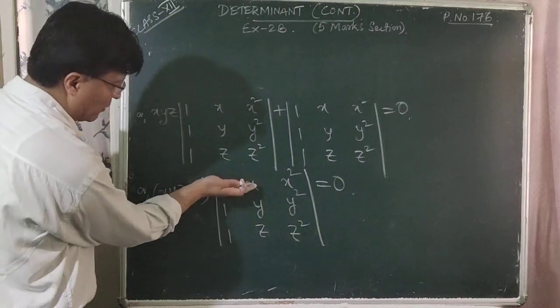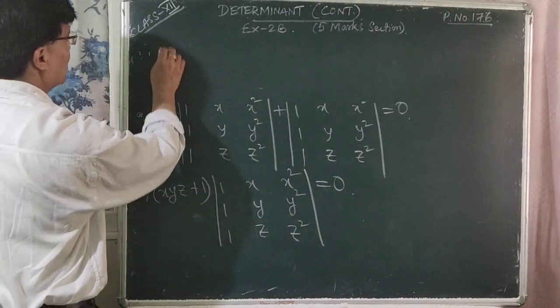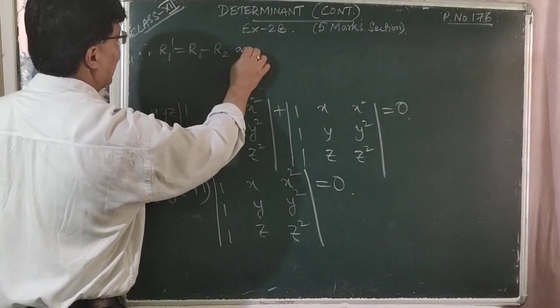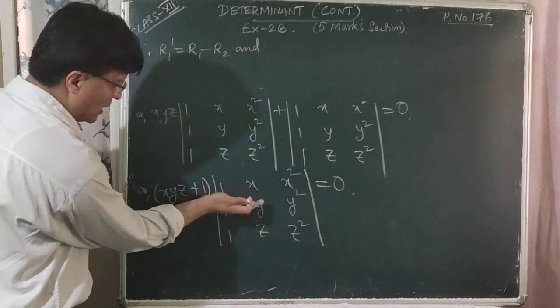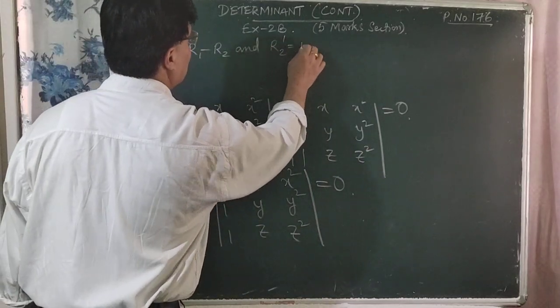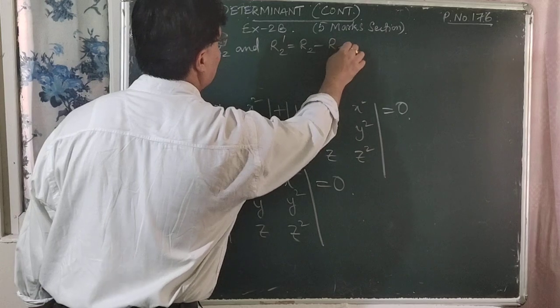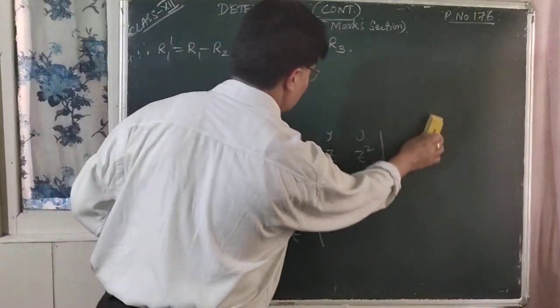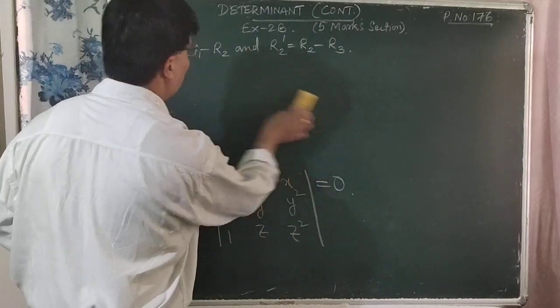Therefore, R1 minus R2, that is R1 dash is equal to R1 minus R2, and R2 minus R3, that means R2 dash is equal to R2 minus R3. Is that clear? So let us use this property.